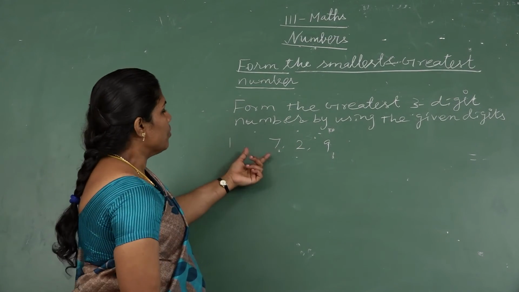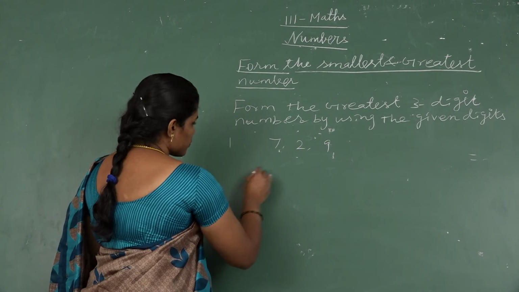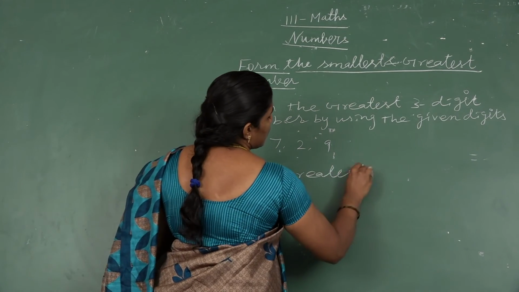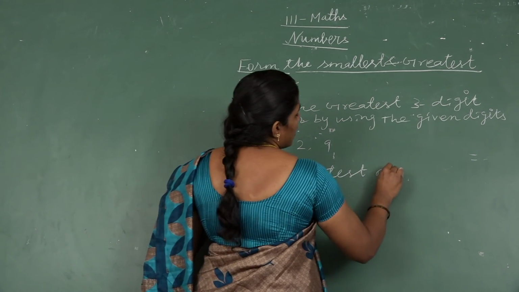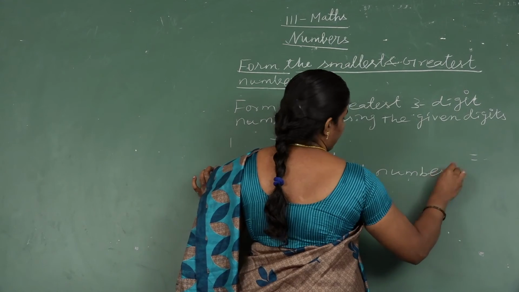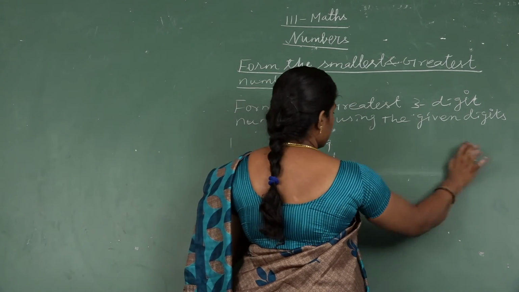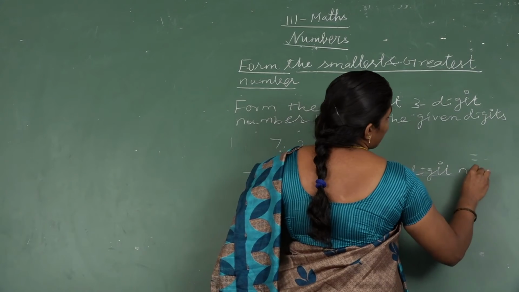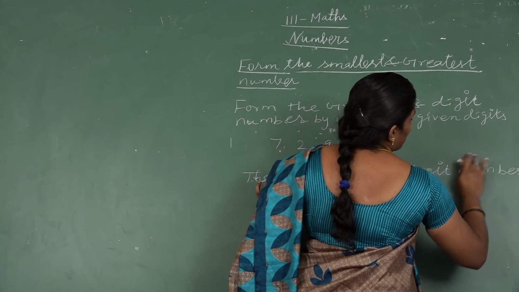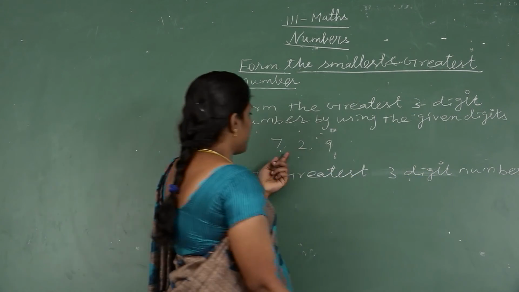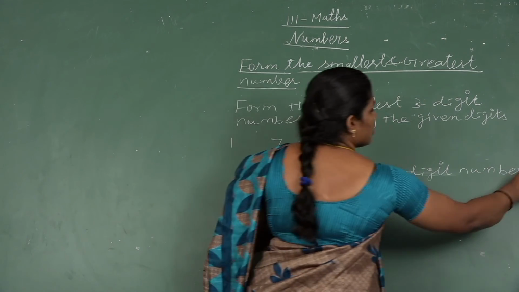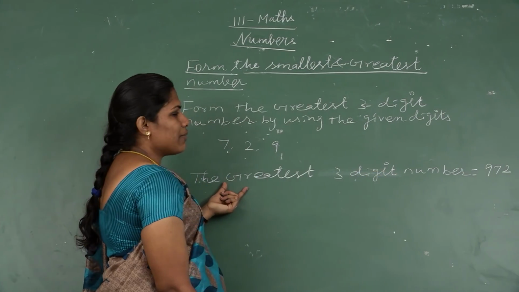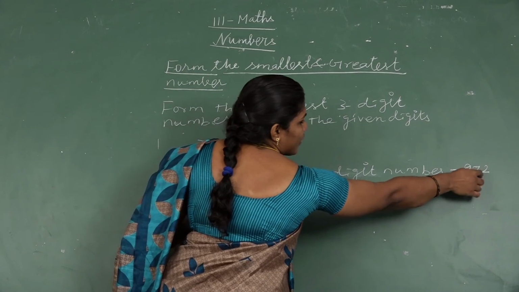See these numbers, which is the biggest? 9, 7, 2. The greatest 3-digit number is 972.